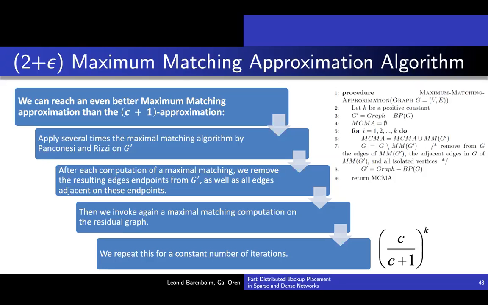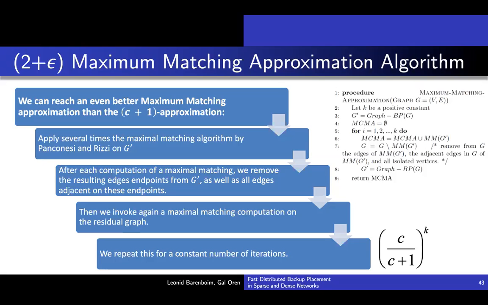Using the O(Δ + log* n) time maximal matching algorithm by Censor-Hillel, and due to the fact that Δ(G') equals C plus 1, which equals O(1), each iteration requires O(log* n) rounds. Since the overall number of iterations is constant, the entire running time is O(log* n) as well.